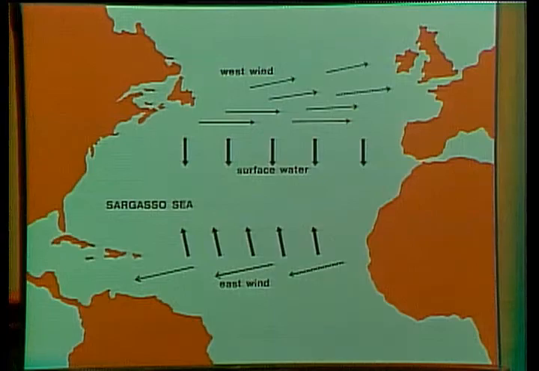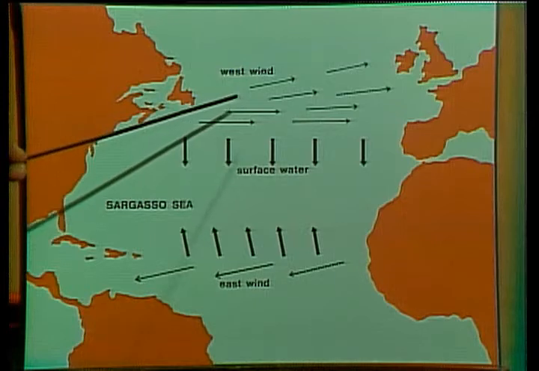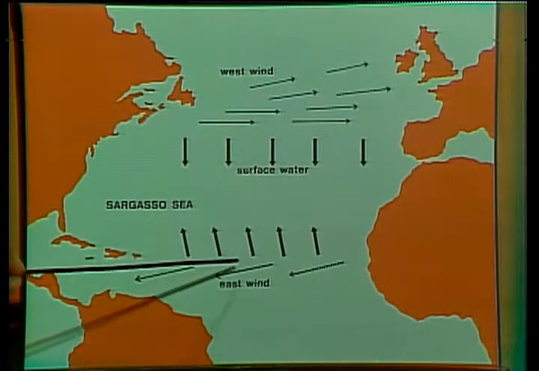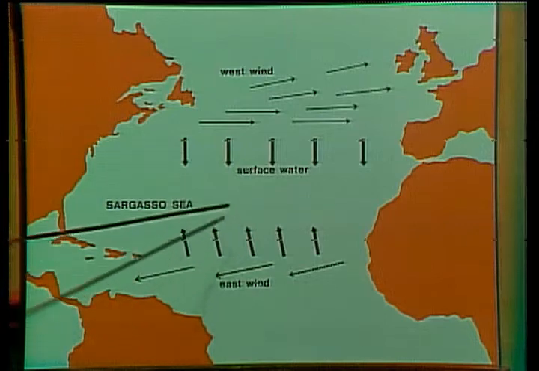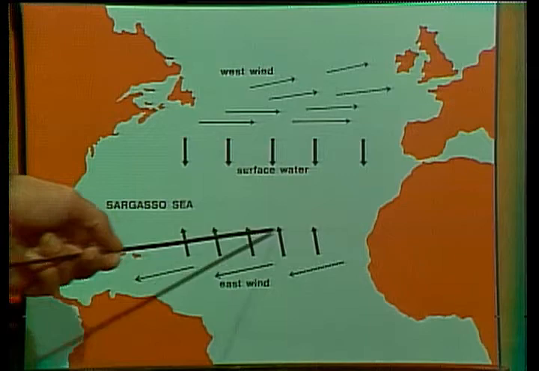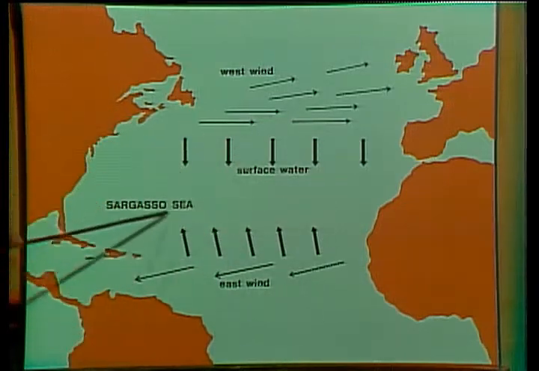Now, if we remember this Ekman layer we have described and the effect of the wind in the Ekman layer, the surface waters are going to be forced to the right in the north, and they'll be forced to the right in the south. We're still in the northern hemisphere, and this will lead to a piling up of the surface waters in the upper 100 meters or so in this area called the Sargasso Sea.